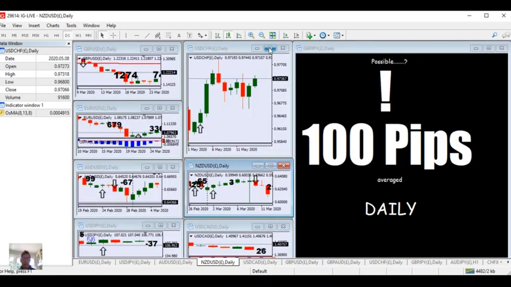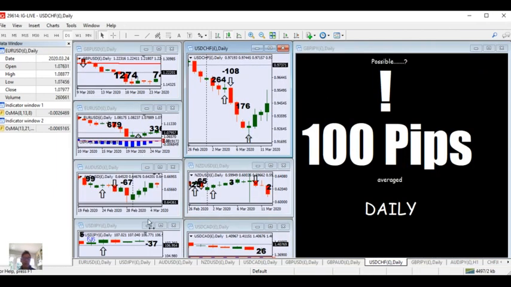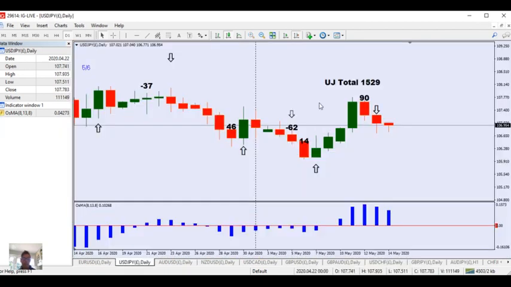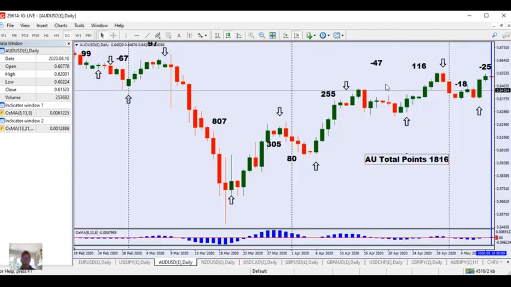And USD Swiss franc, we would have made 1452. USD JPY 1529. So these are in ascending order to build up to Aussie 1816.